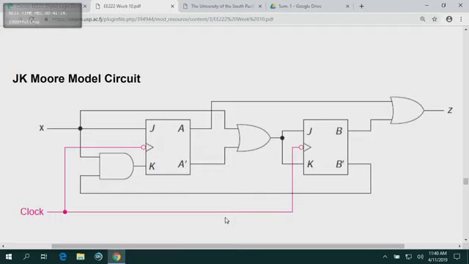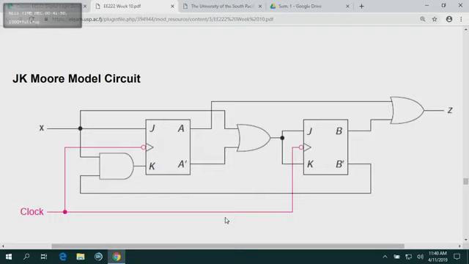Now let's have a look at flip-flop number 1. What is being fed into J? JA is equal to X. What is KA equal to? Let's trace KA. It's X and B bar. What is JB equal to? JB is equal to X or A bar.